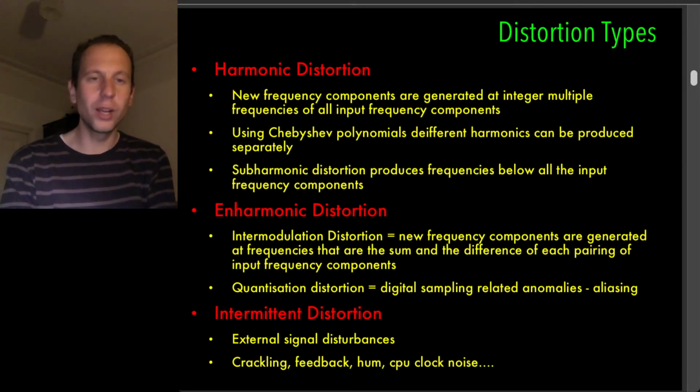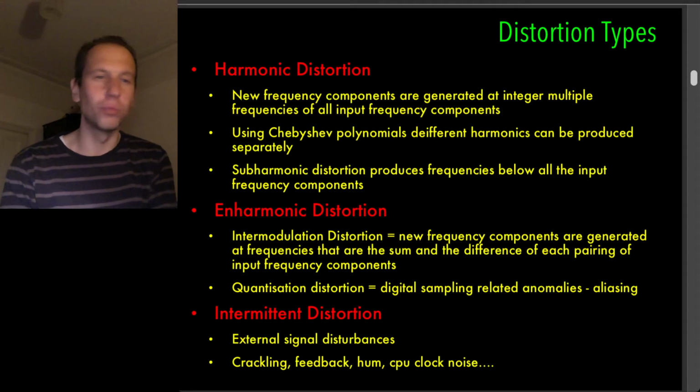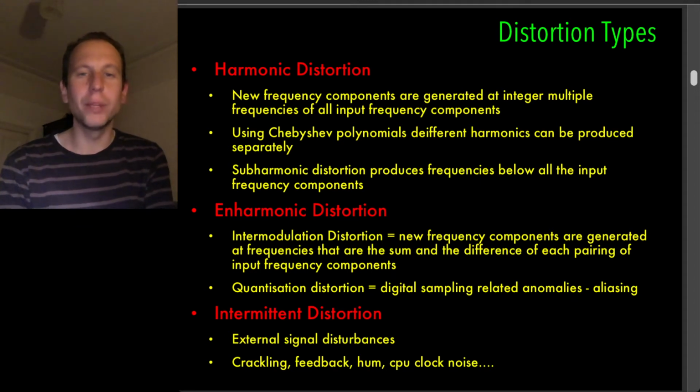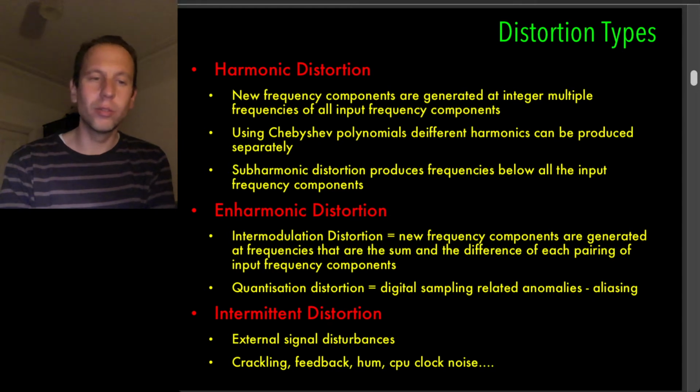An interesting class of distortion effect types use Chebyshev polynomials. We won't go deep into this, but it might be interesting to know that typically all the harmonics come together when you distort a signal, but we have a certain set of techniques that allows us to pick out certain harmonics. It is a problematic thing.